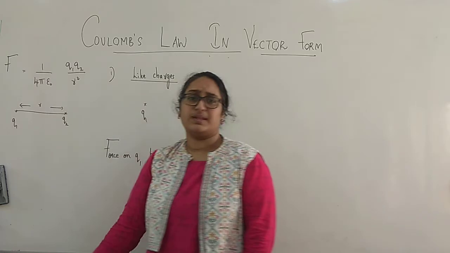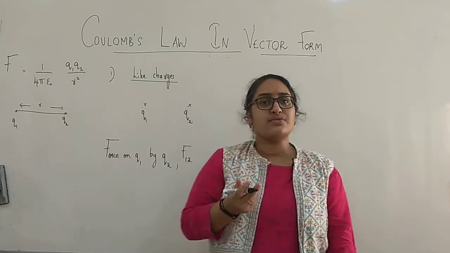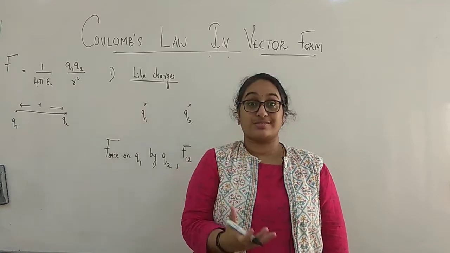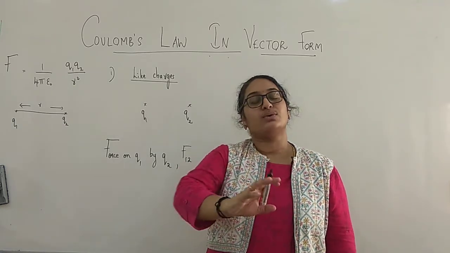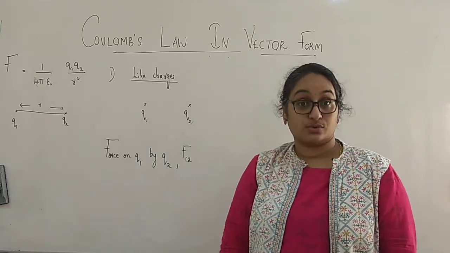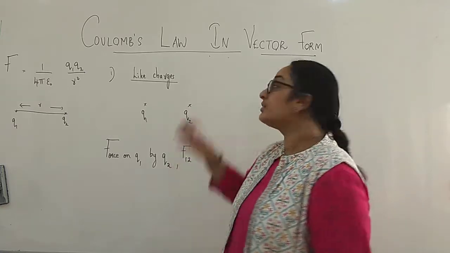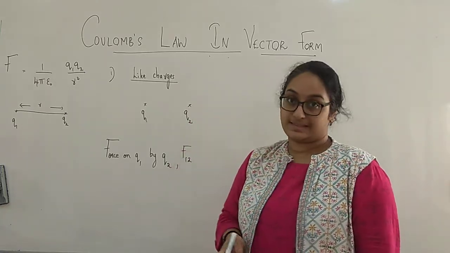Magnitude remains the same, there's no change in the magnitude. So why have we written vector form? We are including the directions also. Till now we were only talking about the magnitude of force. Now we are including the direction also. What is the direction of F12? That's what Coulomb's law in vector form states.